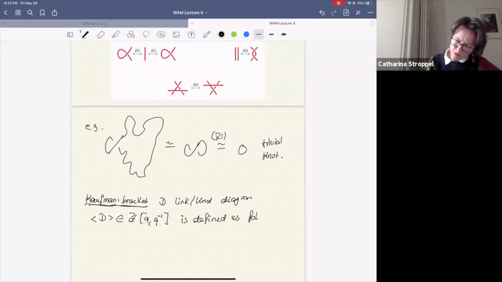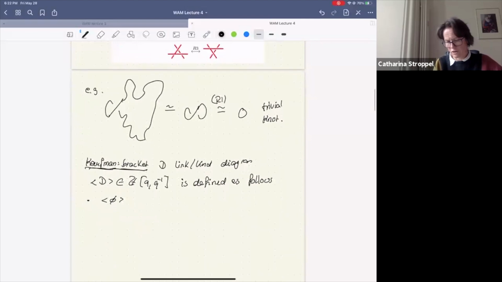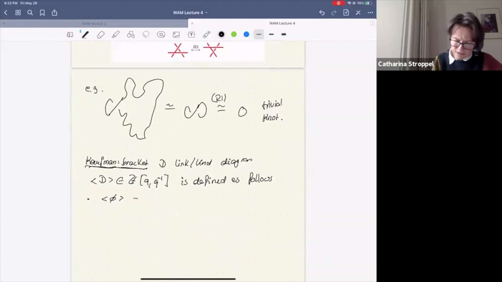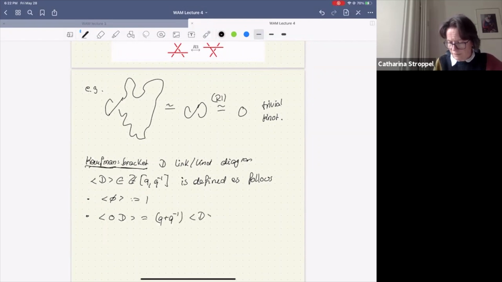We define it recursively: if I take the empty link, which is by definition nothing, I define this as 1. And whenever I have a link diagram D and I add a trivial knot, I multiply the value of the Kauffman bracket for D with Q plus Q inverse.